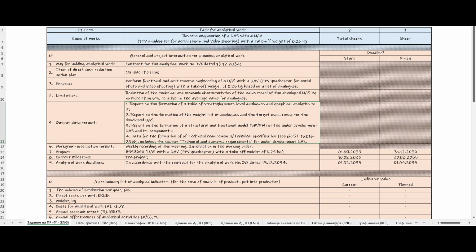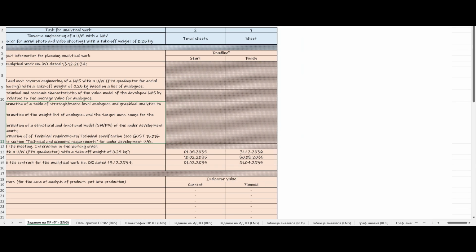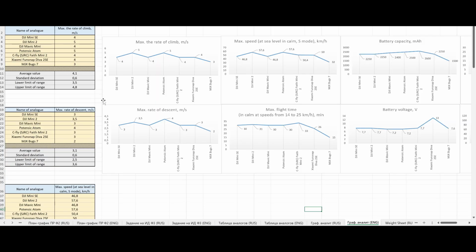As we could already observe in the framework of the analysis of graphical analytics, the MGX BUG7 analog has some deviation, which we attributed to its cheapness and the possibility of being classified as a transitional class between amateur quadcopters and conventional toys.